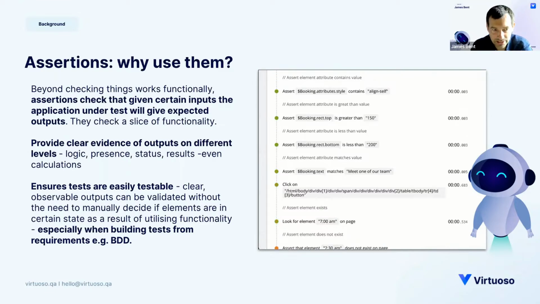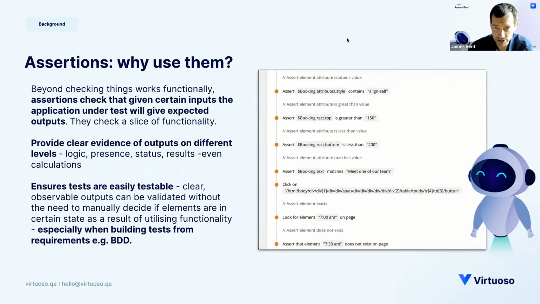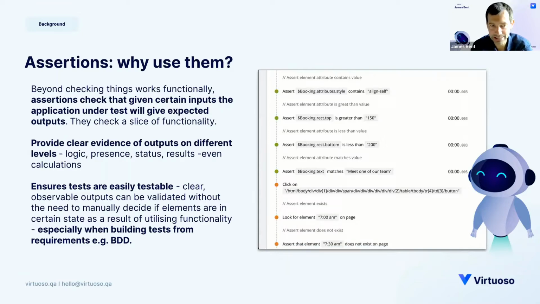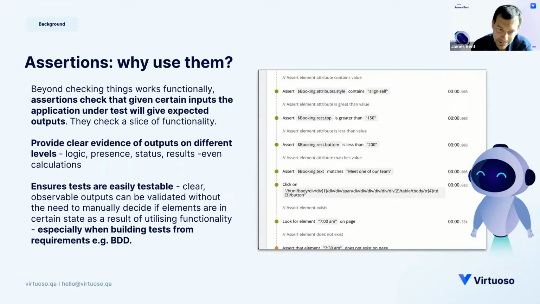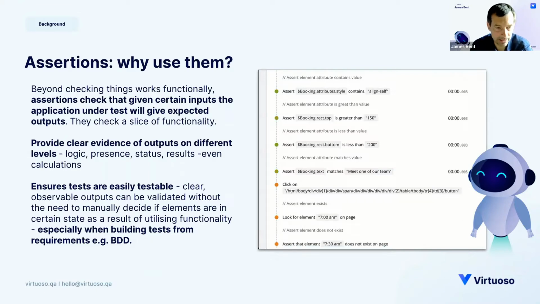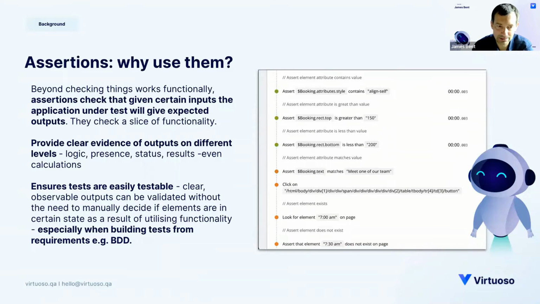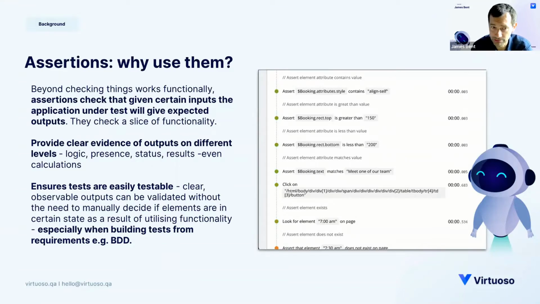That's as much to say that clear observable outputs, as you can see on screen here, can be validated without the need to manually decide if elements are in a certain state. And this is important, as you'll see as we jump into the demo in a second. It's especially important when you build tests from requirements, which you can do with Virtuoso.